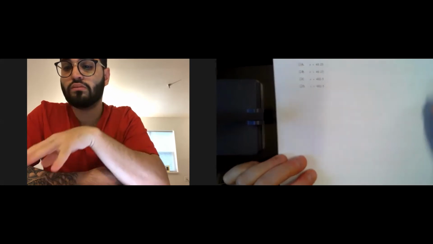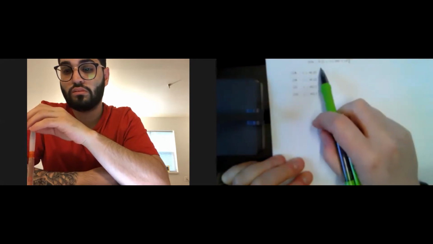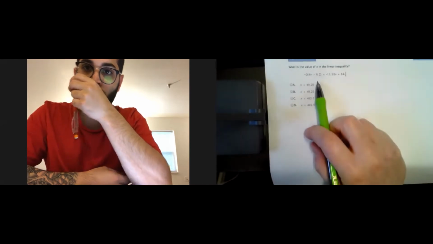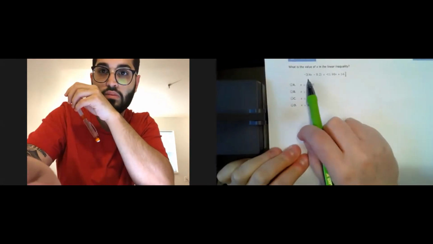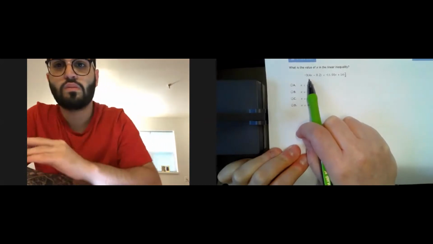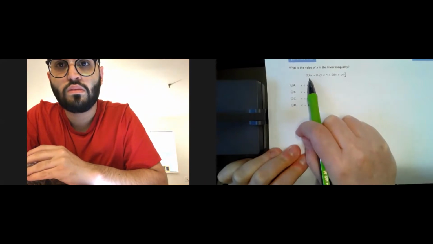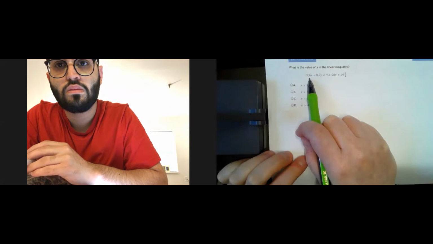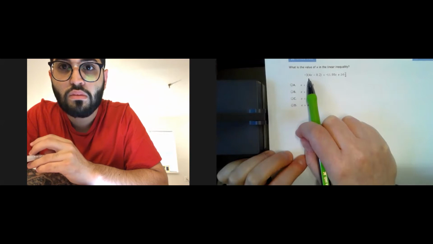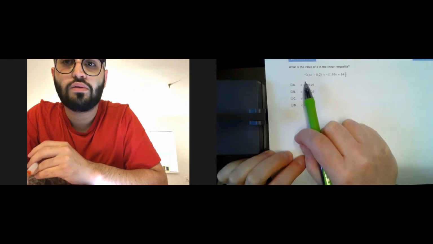All right, what's the value of x in the linear equality? So this one, oops, you can't see, it just blurred up. We are going to combine all these terms. So we've got -3 times 4x. What's that going to be? I don't know if it's 12 or -12. Yes, you got it.